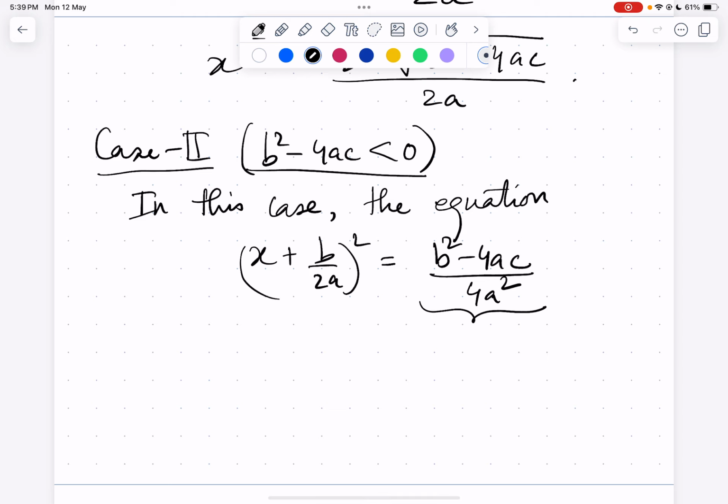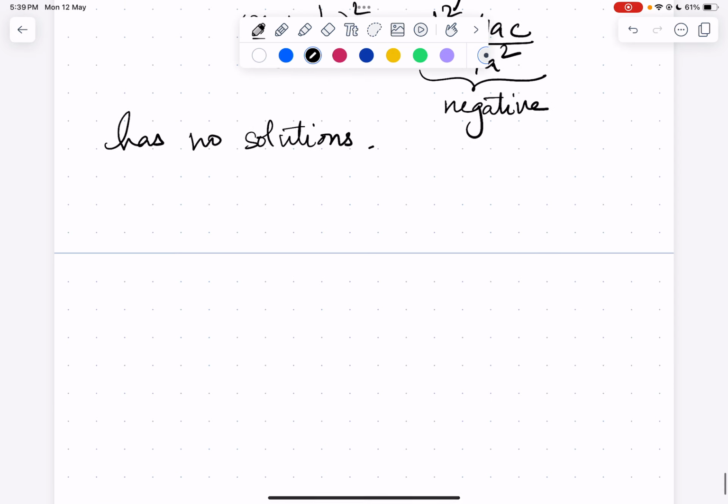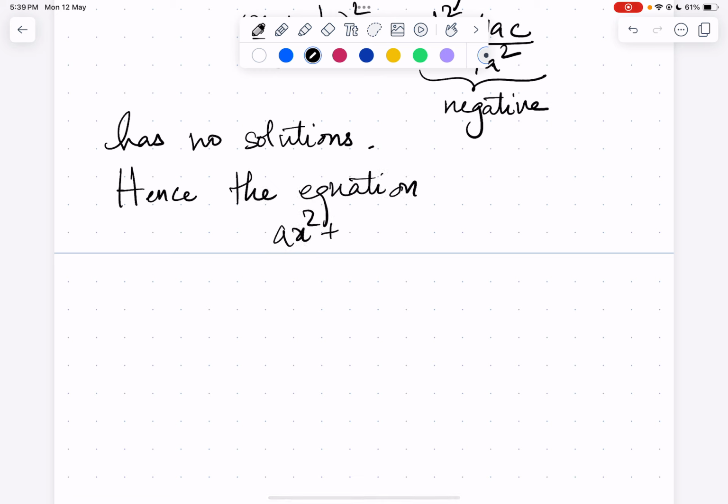In this equation, this term is negative. Hence, this equation has no solutions. Something squared equals some negative thing won't have any solutions. Hence, in this case, the original equation ax square plus bx plus c equals 0 has no solutions.